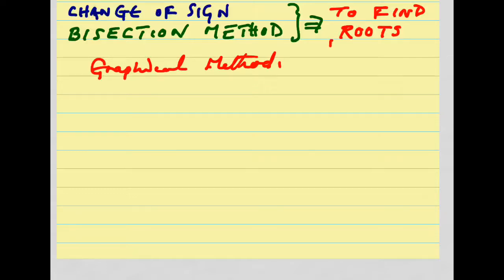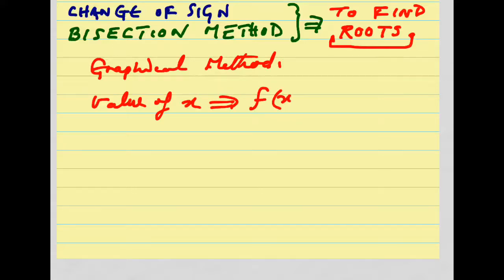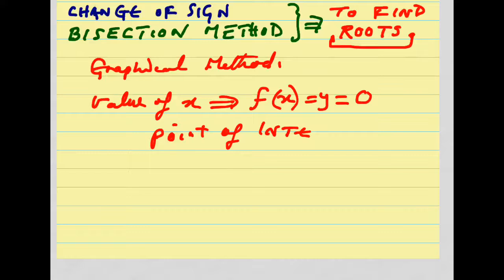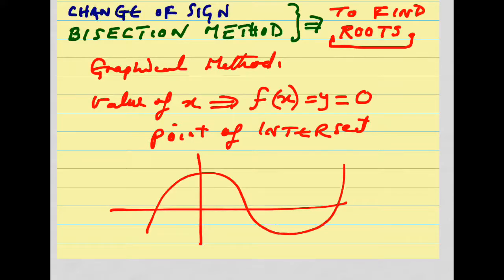First of all, let me say what we mean by finding the roots, so you are not confused. Finding the roots means finding the value of x that makes f of x equal to 0. So we are looking for a value of x that results in f of x or y equal to 0, i.e. the point of intersection, where the curve cuts the x-axis.